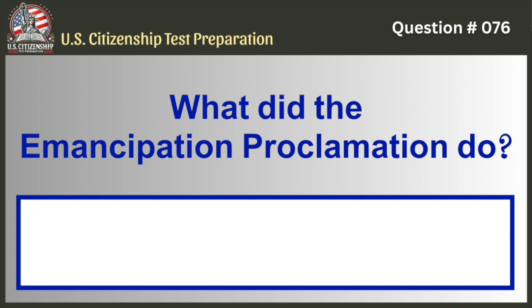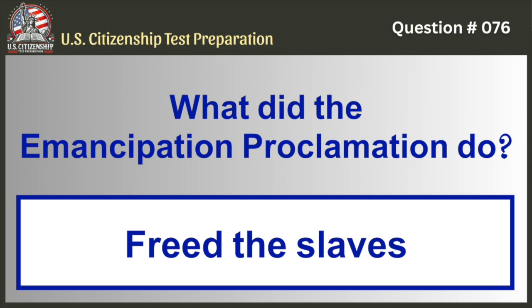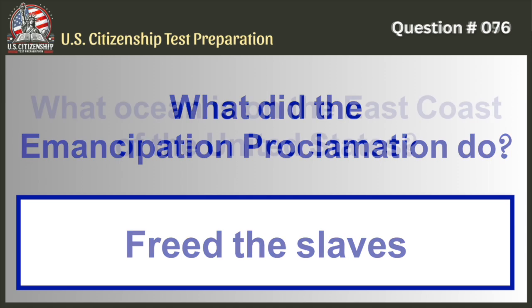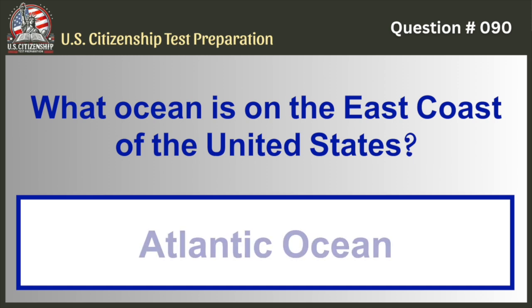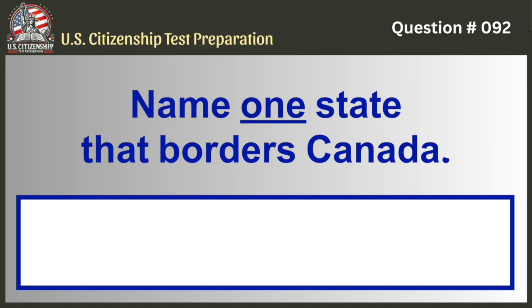What did the Emancipation Proclamation do? Freed the slaves. What ocean is on the east coast of the United States? Atlantic Ocean. Name one state that borders Canada.